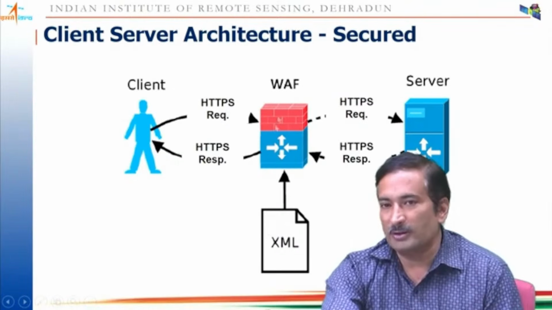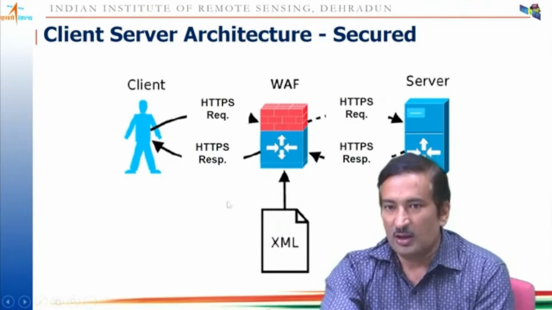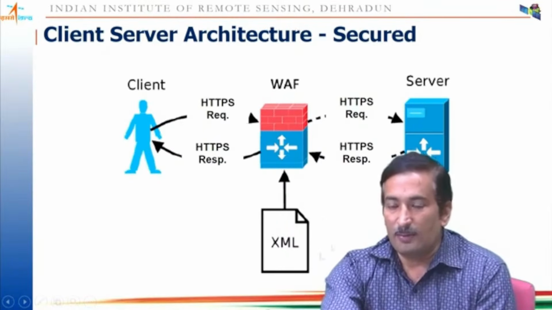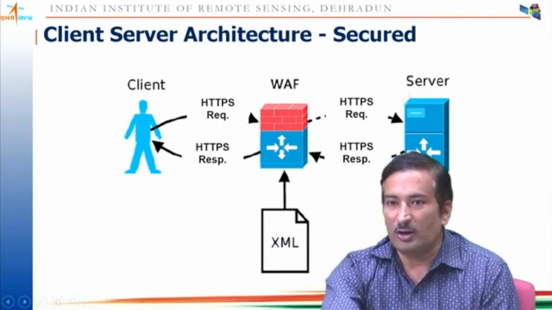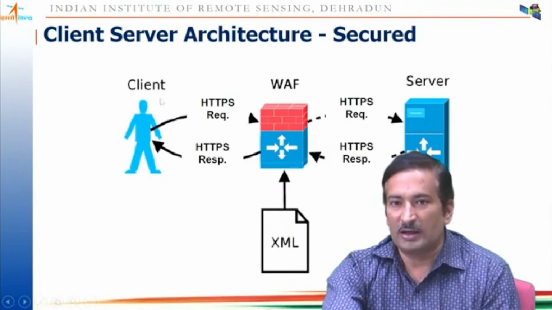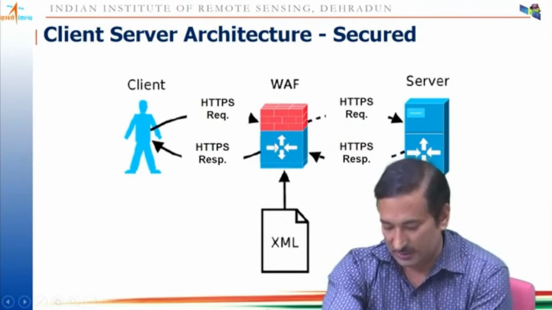If it is proper, only then is it sent further, otherwise it is dropped at the firewall itself. So that database and these rules play a major and important role in ensuring the security of the server, and at the same time the security of the client as well. These are the mandatory requirements being maintained these days.